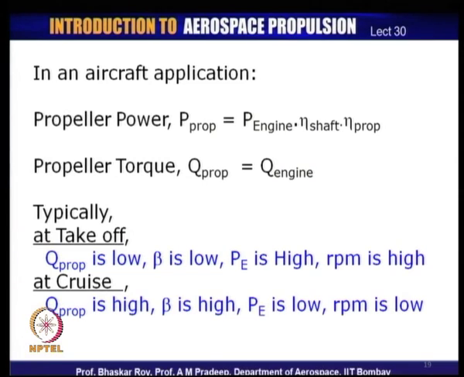During cruise, on the other hand, the torque requirement is very high. That is because the blade pitch setting angle is very high, and as a result the torque requirement is very high. But the power requirement is rather low, and the RPM is also rather low compared to the takeoff RPM.